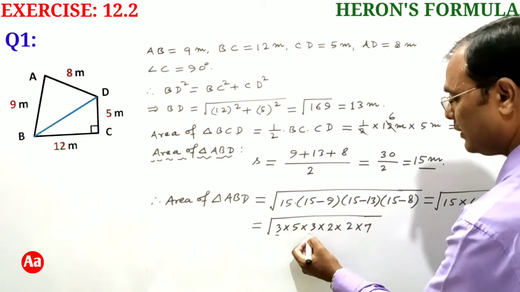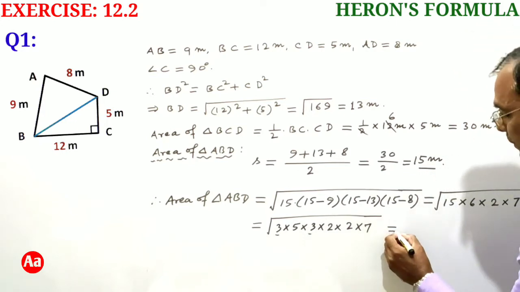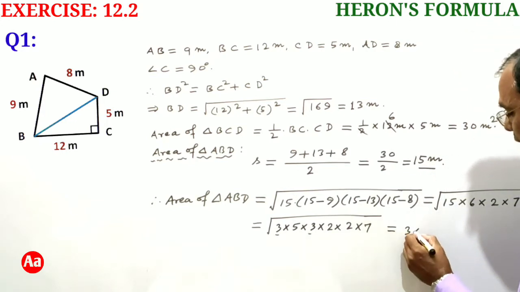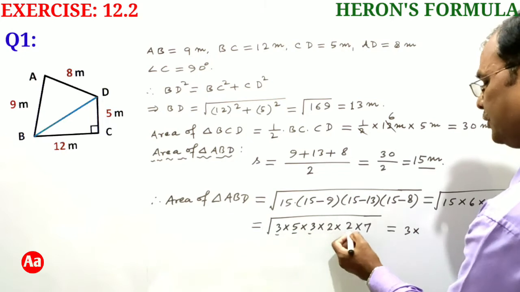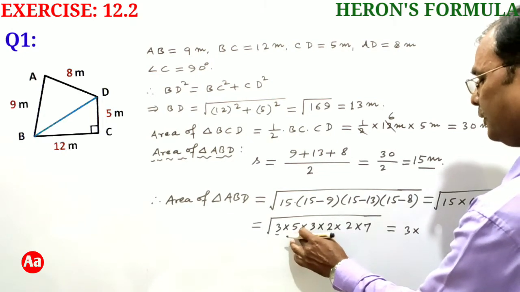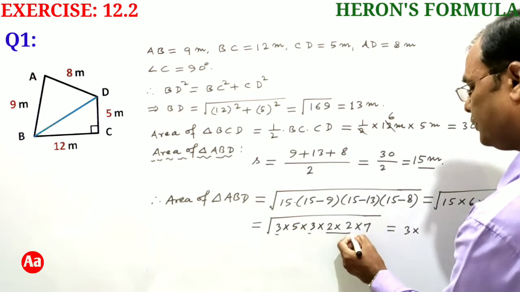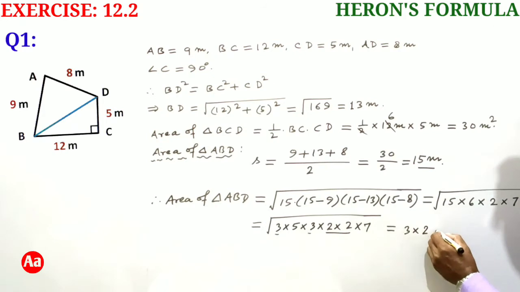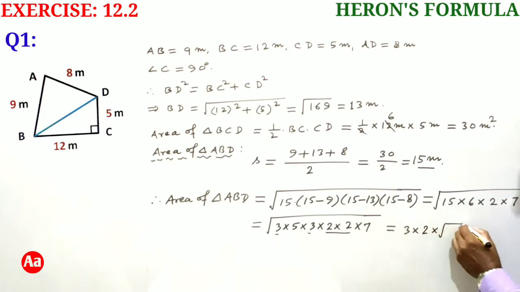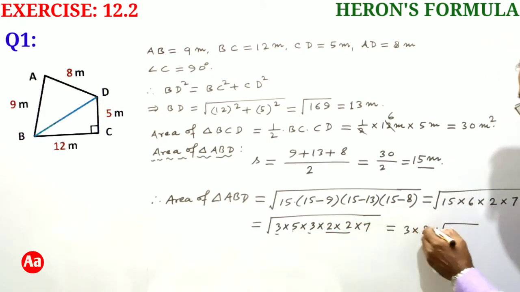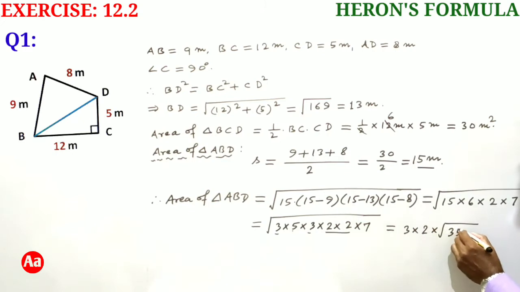See, 3 into 3, square root is 3. 5 is alone, so 2 into 2, square root is 2, into under root 5 into 7, 35.